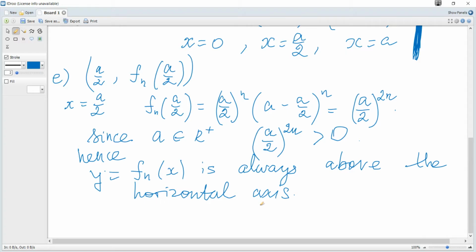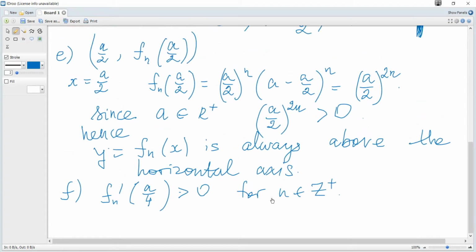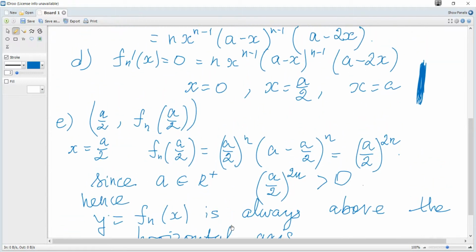Okay, the next, F. Hence otherwise show that the derivative of f_n at a over 4 is greater than 0 for n a positive integer. So where is the derivative?